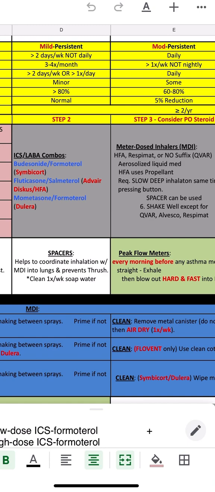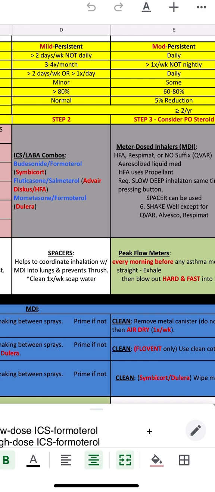Fluticasone, salmeterol is Advair Diskus, HFA. Mometasone formoterol is Dulera. ICS plus LABA combo, you can give Symbicort, Advair Diskus, HFA, or Dulera.